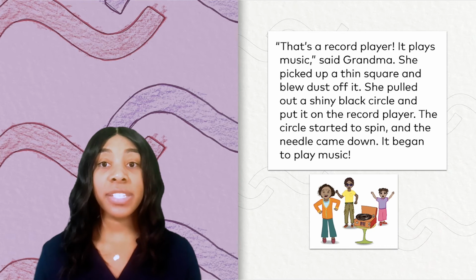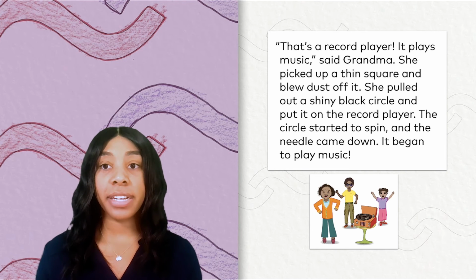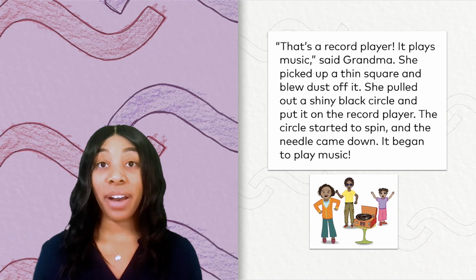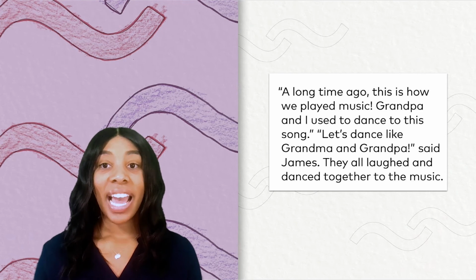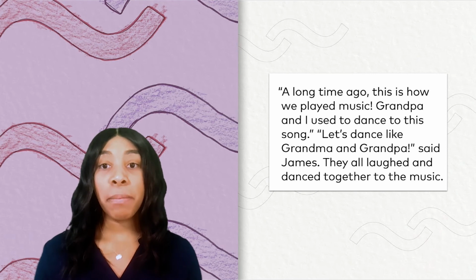She picked up a thin square and blew dust off it. She pulled out a shiny black circle and put it on the record player. The circle started to spin and the needle came down. It began to play music. A long time ago, this is how we played music. Grandpa and I used to dance to this song.